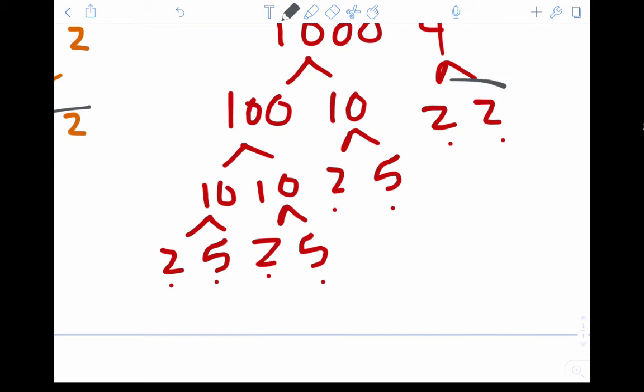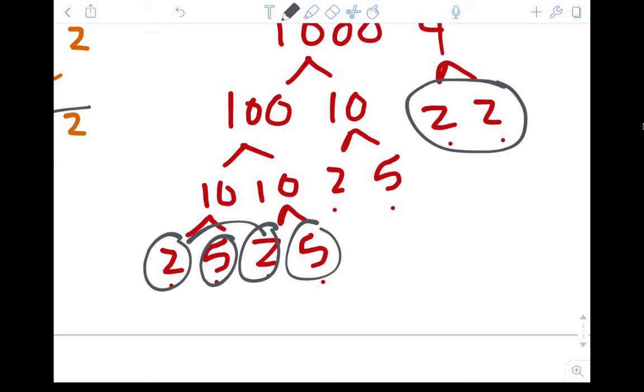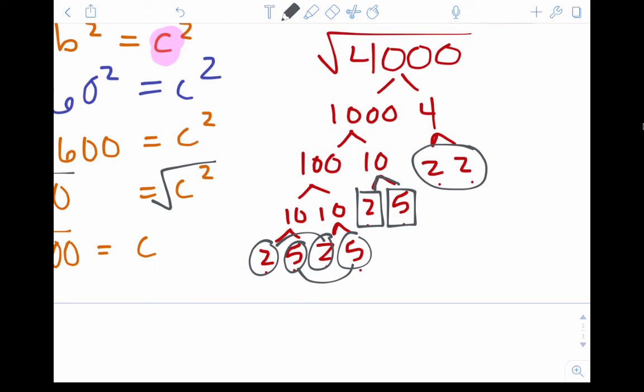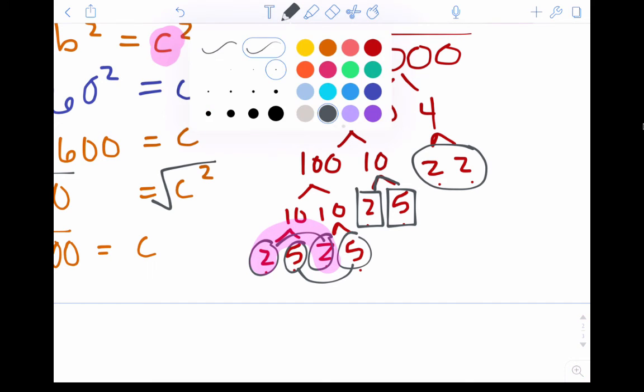Well, right off the bat, I see this pair. Then I see I have 2, 5, 2, 5, so those are a pair. Those are a pair. And all I'm left with is this last 2 and 5 right here. So those are both going to be singles. So when I write this, I need to be very, very careful. I'm going to take these out.